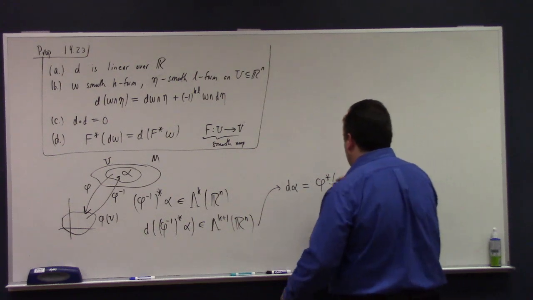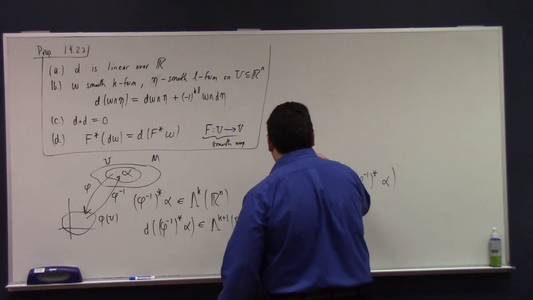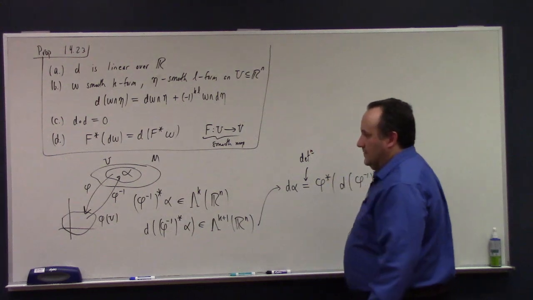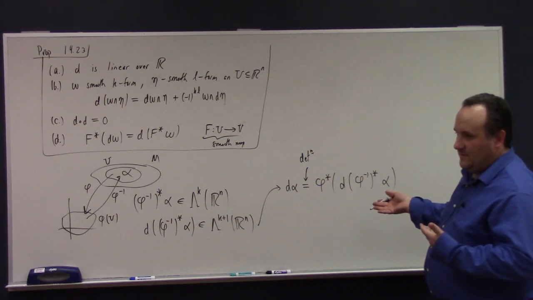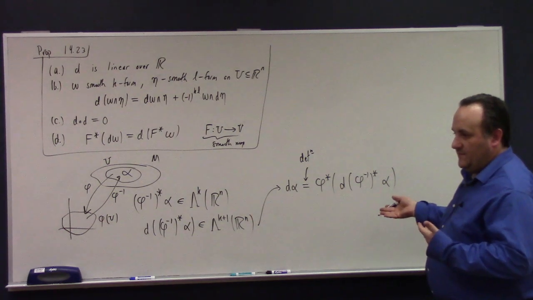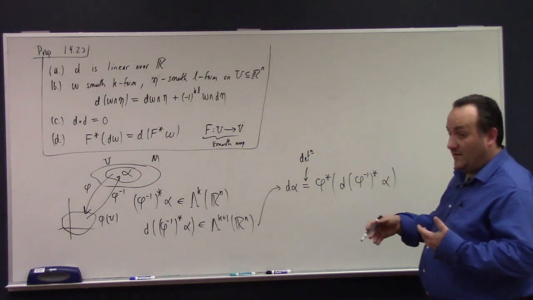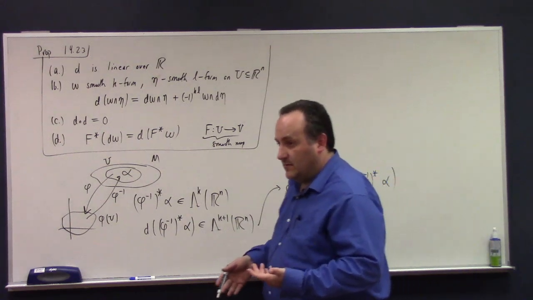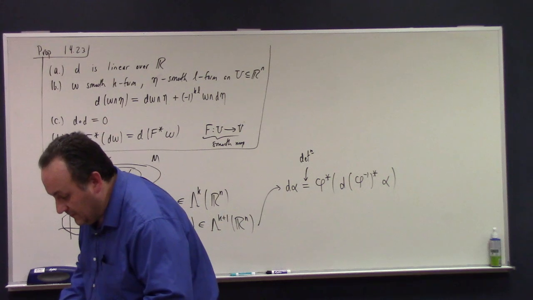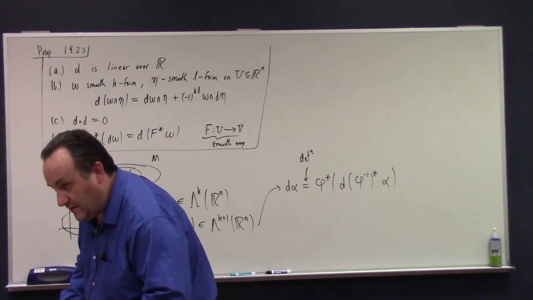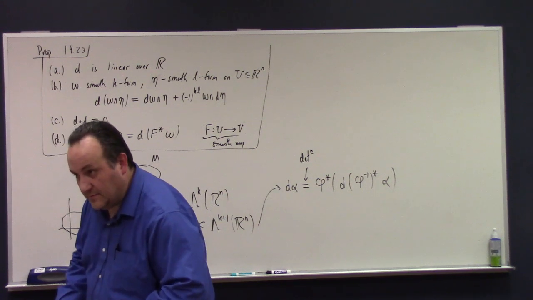So this is actually a potential definition for the exterior derivative on the manifold if you want to take exterior differentiation on Rn as primary. And if you look at equation 14.22 in his proof for theorem 14.24, it's exactly what I just wrote down.